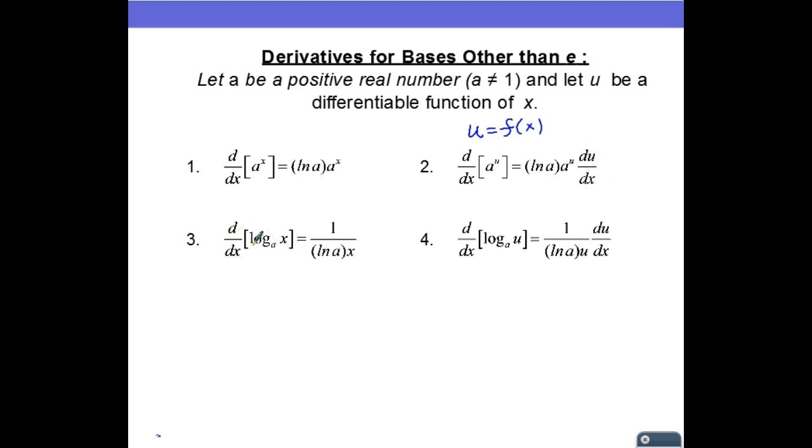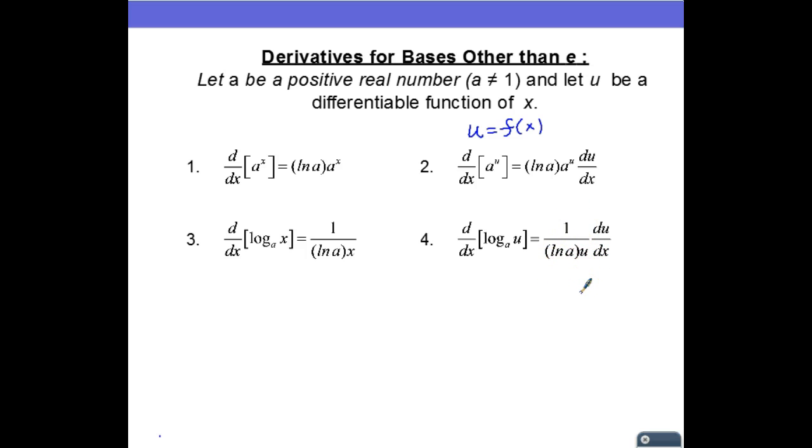Next, looking at d dx of log base a of x, that's simply going to be 1 over the natural log of a times x. And again, if u is a function of x, if u is equal to some f of x, then the derivative with respect to x of log base a of u is going to be equal to 1 over the natural log of a times u.